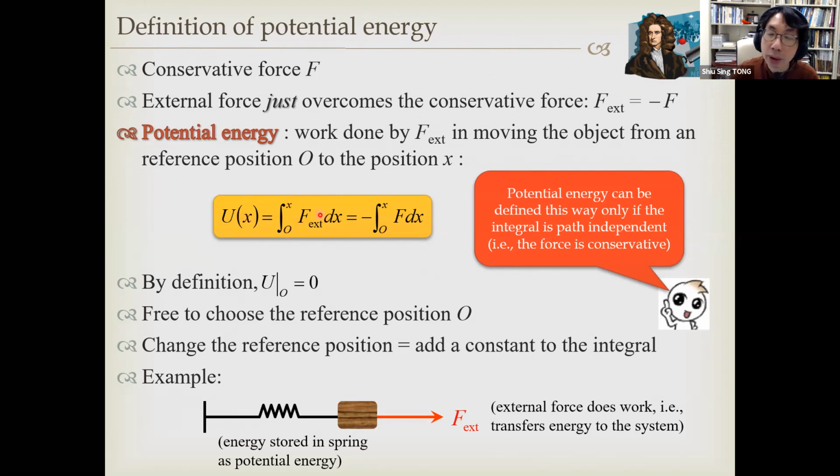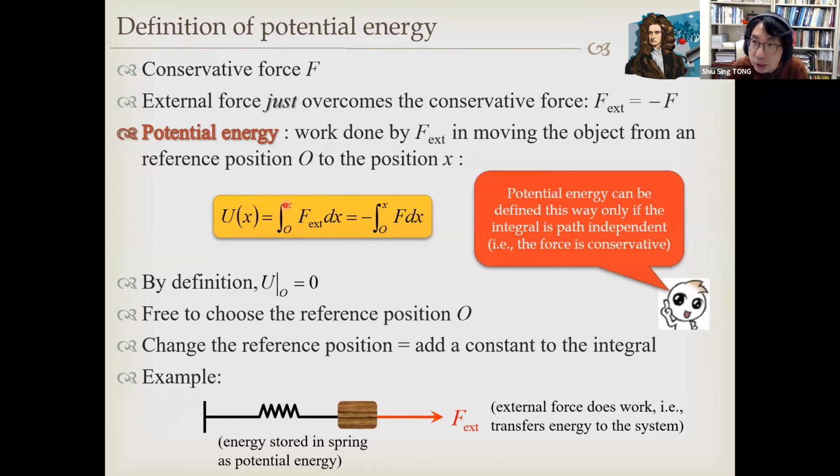If you like, you can express it in terms of the original conservative force, because the external force and the conservative force differ by a minus sign. So you get a minus sign here if you express the integral in terms of the conservative force. Remember that if you are working with the conservative force itself, you have a minus sign here. And by definition, if the location of interest is exactly at the reference point, then I put X equal to O, right?